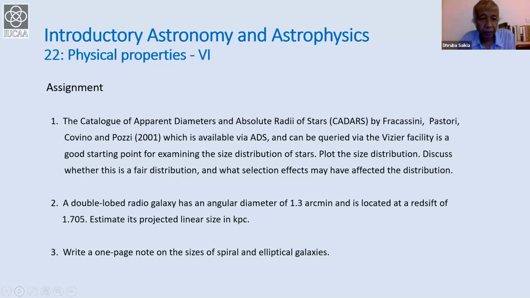So this is a brief introduction to the measurement of sizes of celestial objects. I put a lot more emphasis on the measurement of sizes of stars because that is where the greatest challenge lies. In terms of measuring sizes of other objects, for example, right in the nuclear regions of active galaxies, what is the size of the Schwarzschild radius, for example? So today we have the Event Horizon Telescope, which has achieved the highest angular resolutions possible by combining observations with telescopes all across the world to image the area around the black hole.